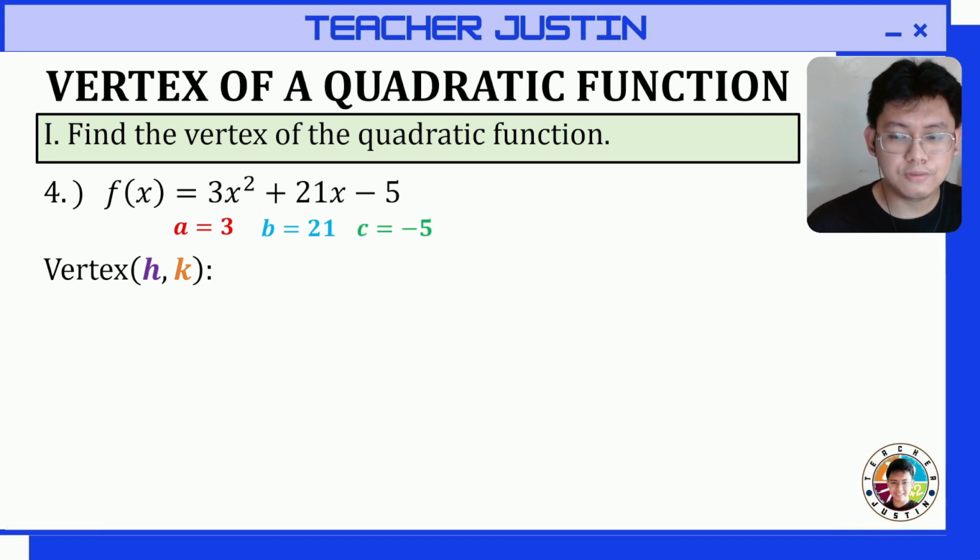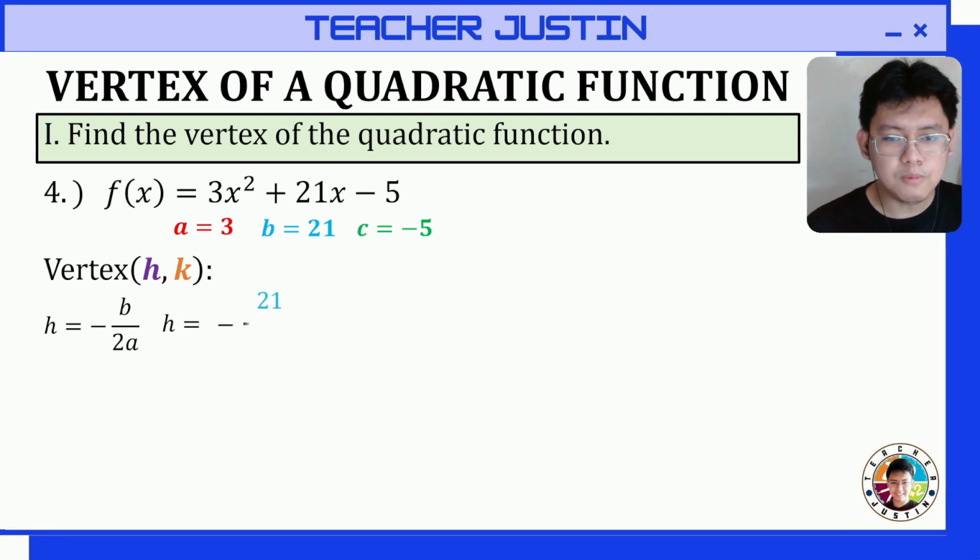Then, we can now solve for the value of our x-coordinate, which is the value of h. So, meron tayong formula for h, which is negative b over 2a. Substitute natin yung value ng ating b and a dito sa ating formula. That will give us h is equal to negative 21 over 2 times 3.